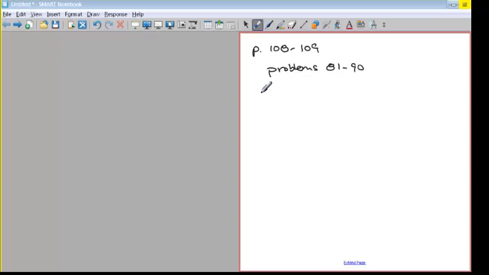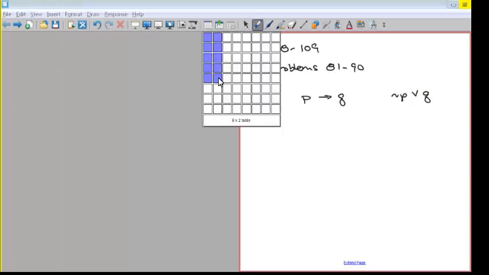We probably have one of these for the homework. What they do is they give you two logic expressions, one logic expression and the other logic expression. I've given you some tables to fill out, and you're trying to determine whether these are equivalent or not.